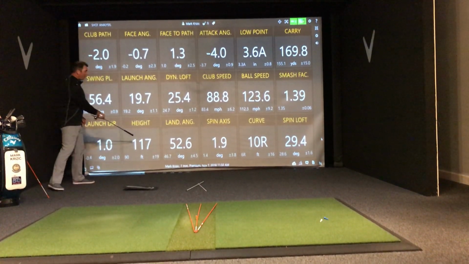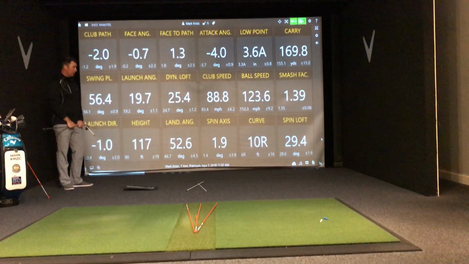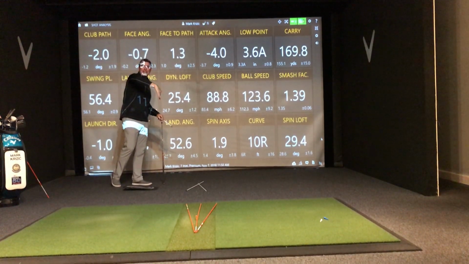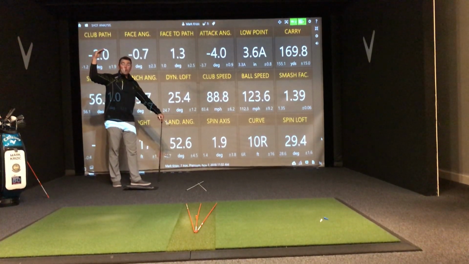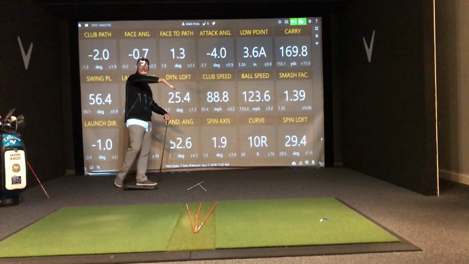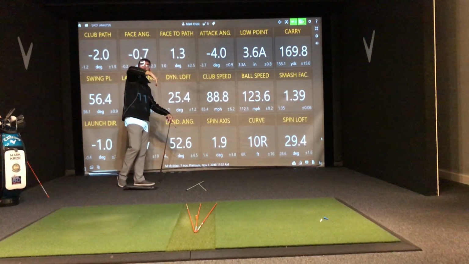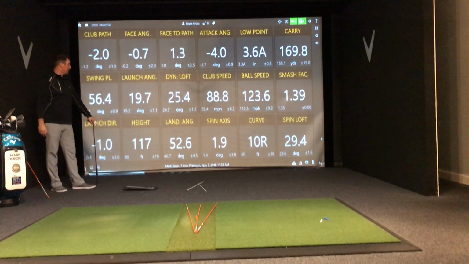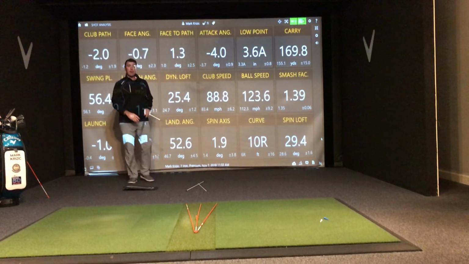Height, how high the ball is traveling. Land angle, how the golf ball is descending. With a driver, 40, 45 degrees on the descent. You wouldn't want to have it coming more on a downward angle because you're not going to get any spin.